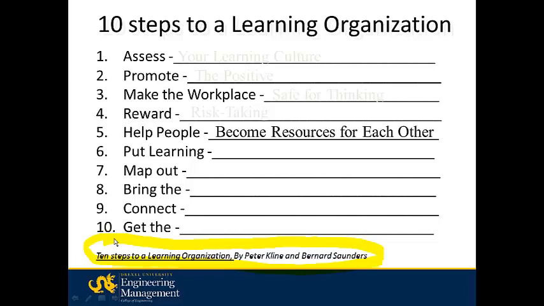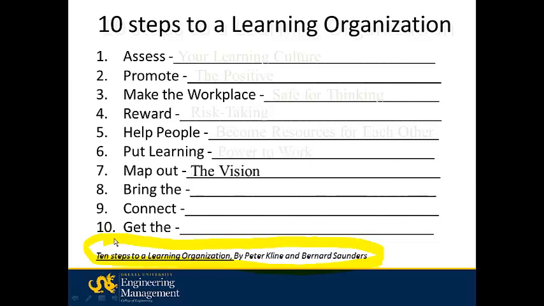The idea here is to move beyond the silos and help each other be resources so that you can collectively build a great organization. The sixth is put the learning power to work. Take all of this knowledge that you're developing, that you're working with in the workplace, and put it to work so that it provides you some return on investment.